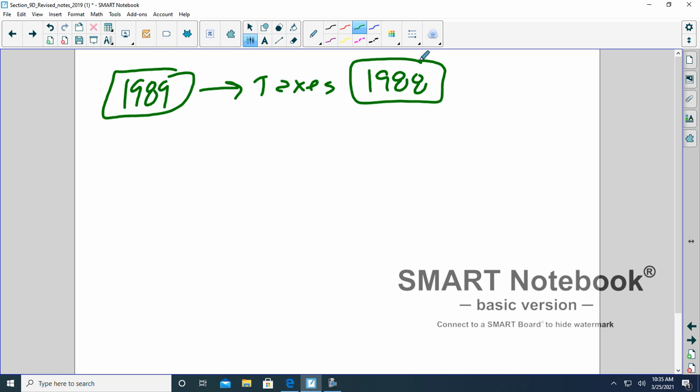And I was making a great deal of money in 1989 and 1988, being a senior in high school. I know some of you might have your own jobs, but there is a point where you start making too much money that you no longer fall under the exempt category.